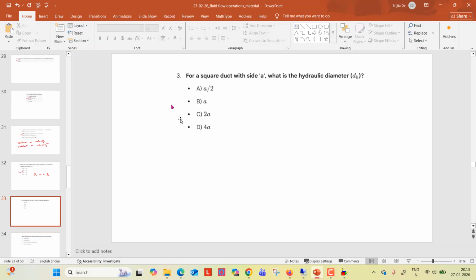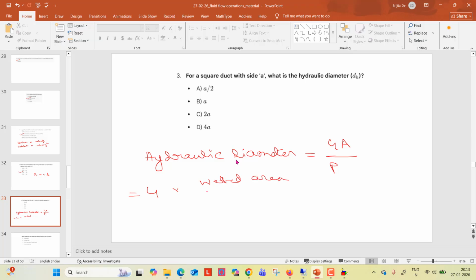For a square duct with side A, what is the hydraulic diameter? So we have seen hydraulic diameter is defined as 4 times the wetted area by the wetted perimeter, right?